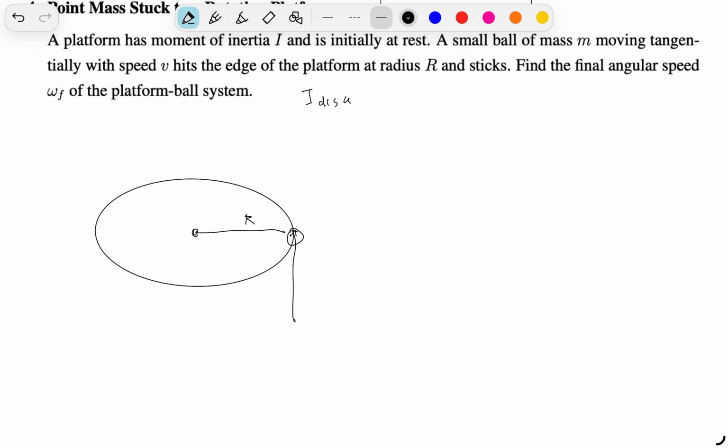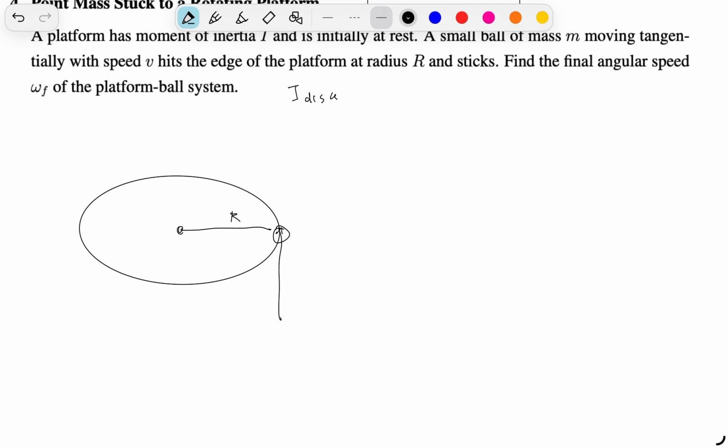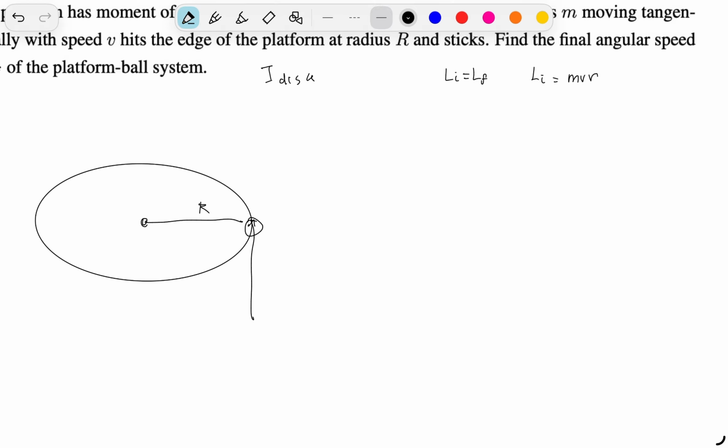What we're going to do here is use conservation of angular momentum. So we have L initial is equal to L final. We know that L initial is mvr, because we also have a very short collision.